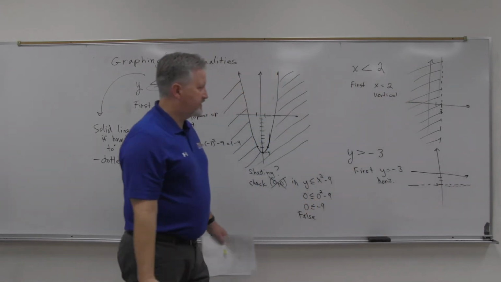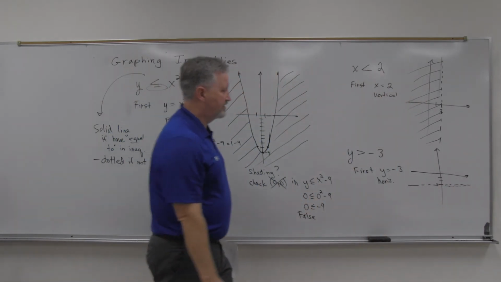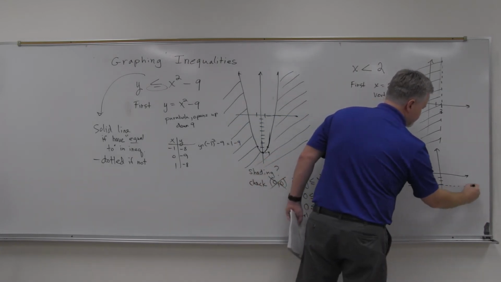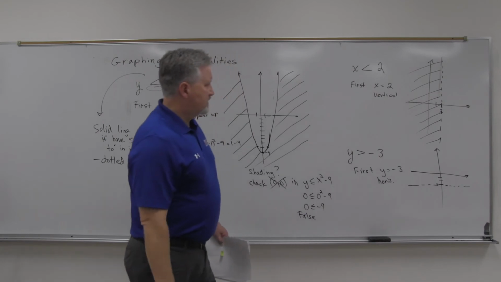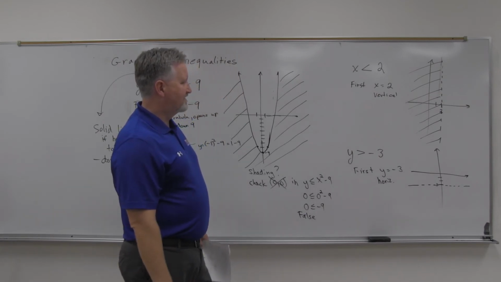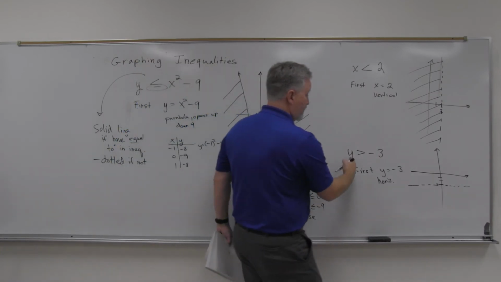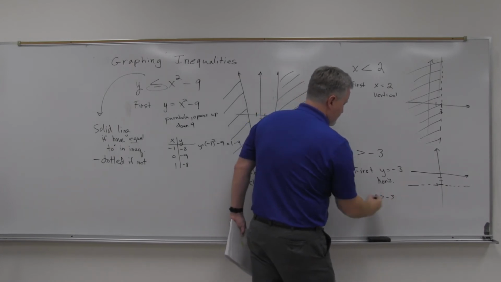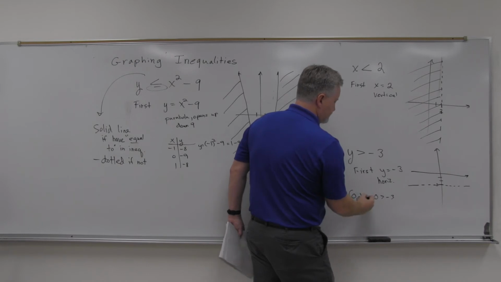And again, the shading is the other part to this. Which side? Top. Yeah, zero would work. 0 is greater than -3, or 0, 0 check.